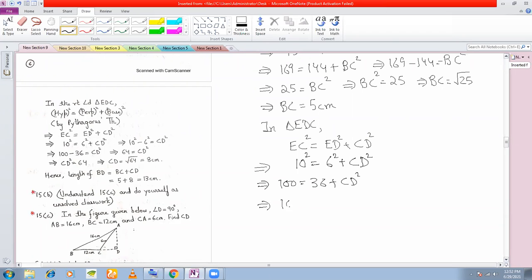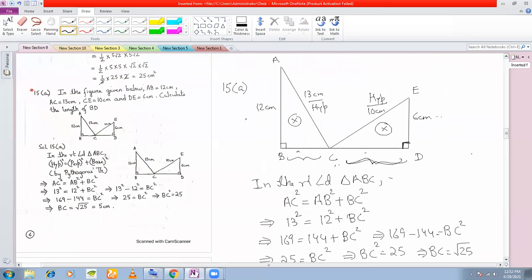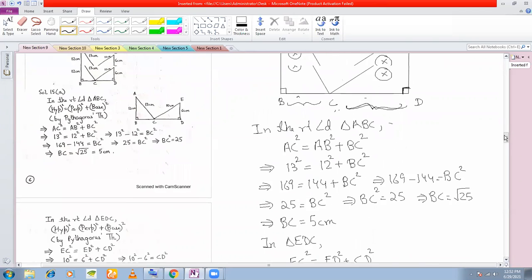That means 100 minus 36 is equal to CD square. That means 64 is equal to CD square, so CD must be equal to the square root of 64, which is 8 centimeters. So we have got this length CD also. So BC, how much did you get? 5 centimeters.